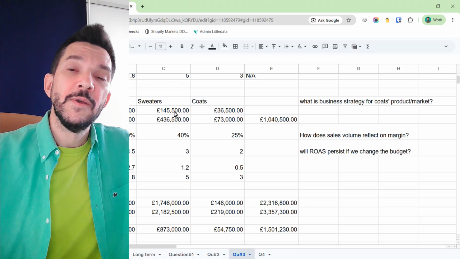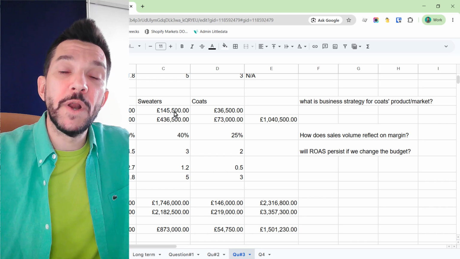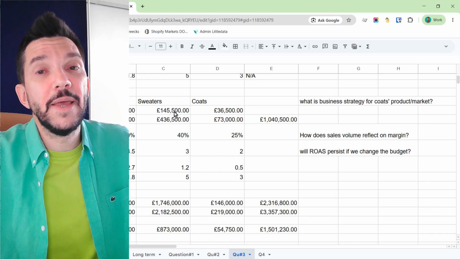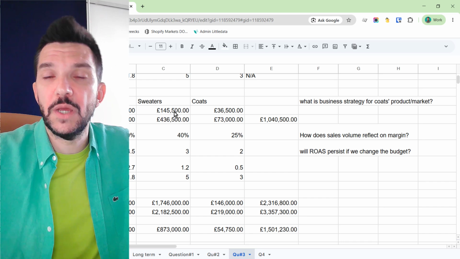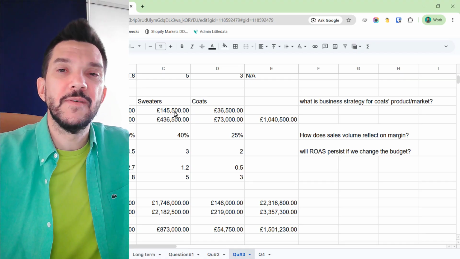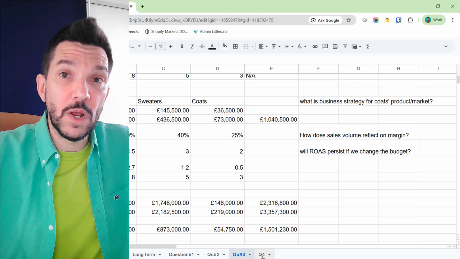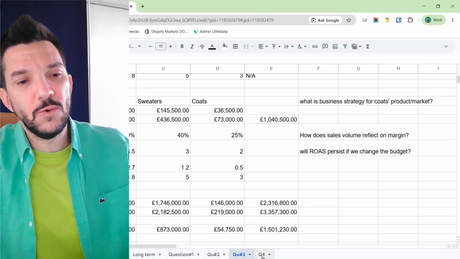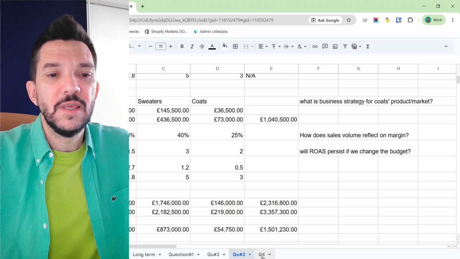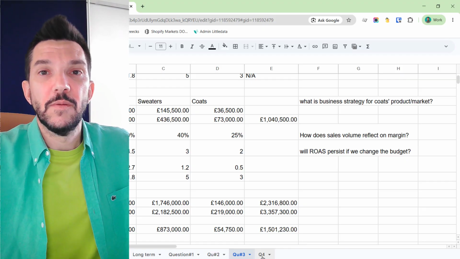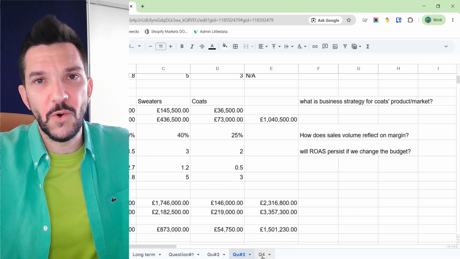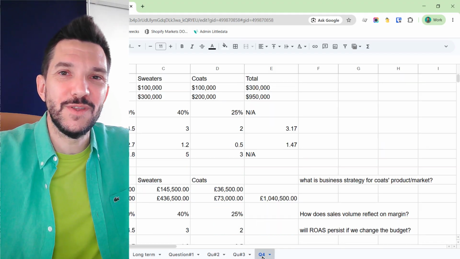Because the moment you start pouring money into the budget, you might realize that your addressable market is smaller than you would expect in your mathematical example. So that's also one question that I would be keen to ask: will return on ad spend persist if we change the budget, both increase or decrease?